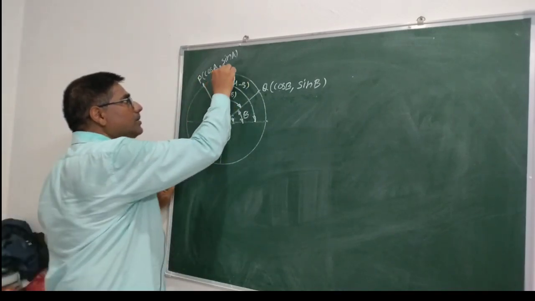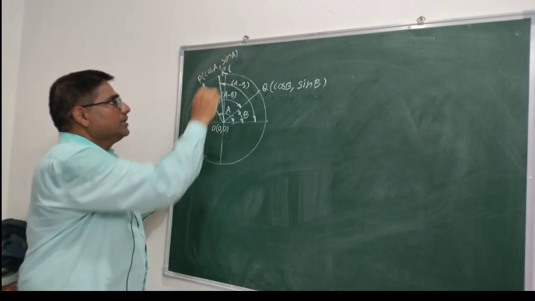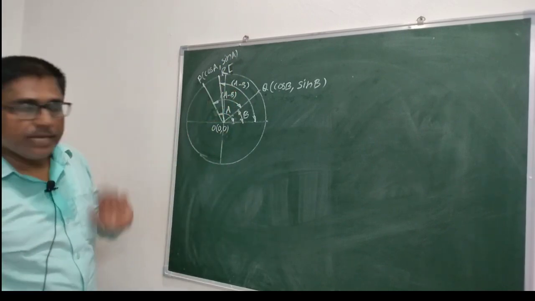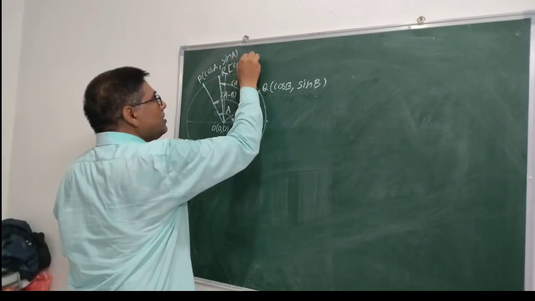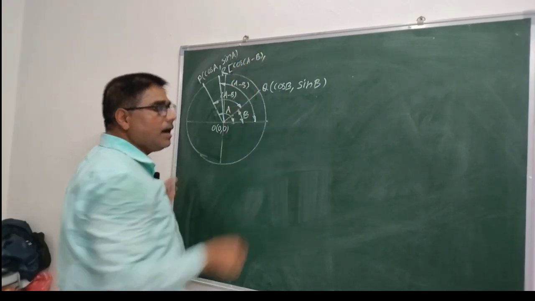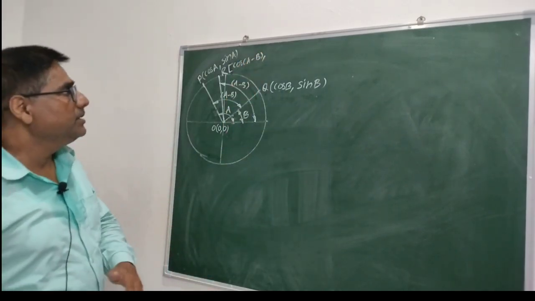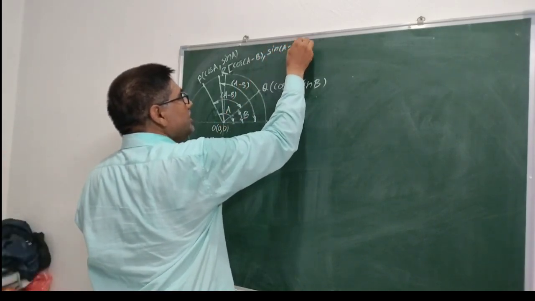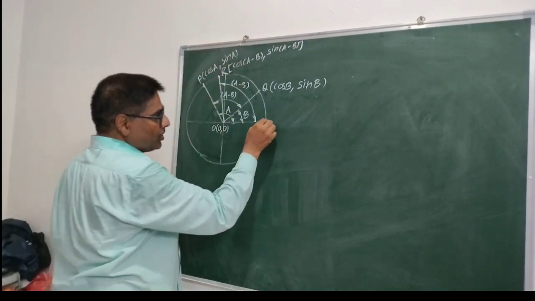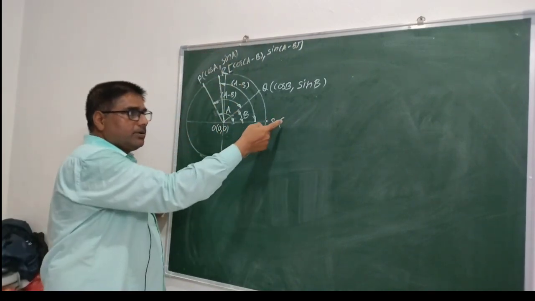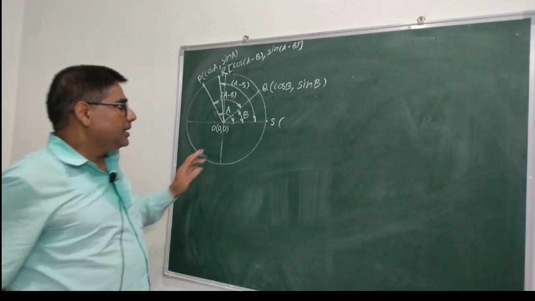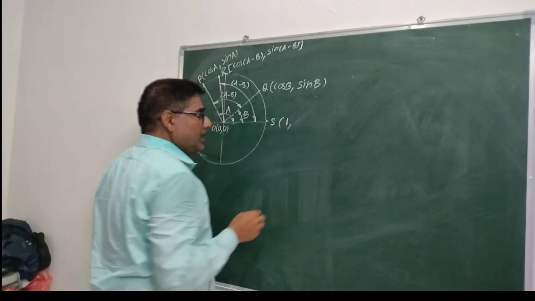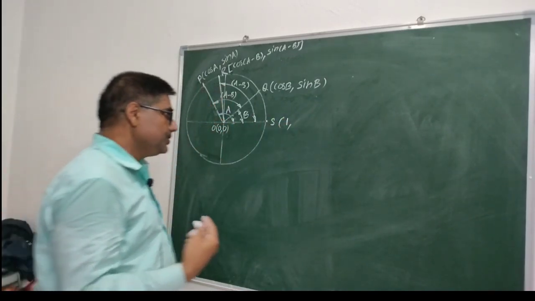We can write the coordinates of this point R as r cos A minus B, that is 1 cos A minus B, simply cos A minus B, comma r sin A minus B, that is simply sin A minus B. And say this point is S. We can write the coordinates of this point as well, that is r cos 0, 1 cos 0, that is 1, and r sin 0, that is 0.